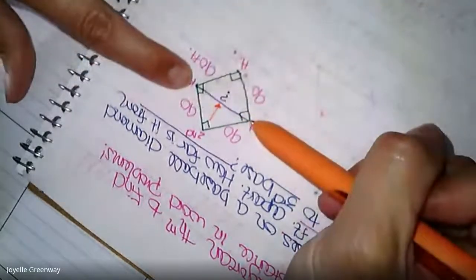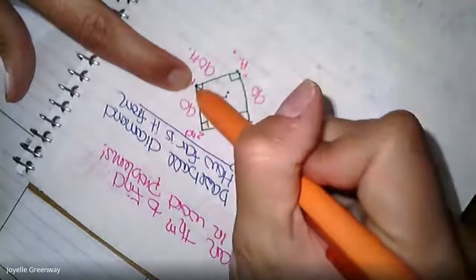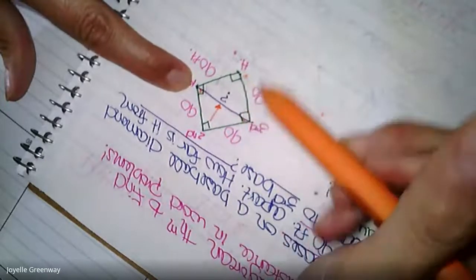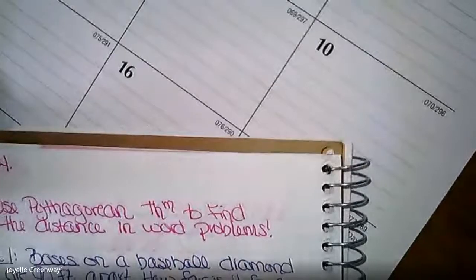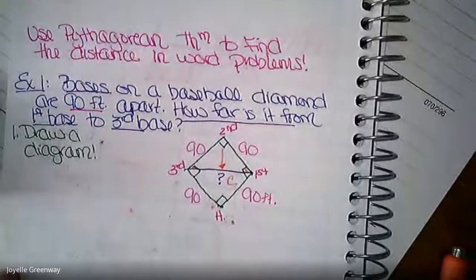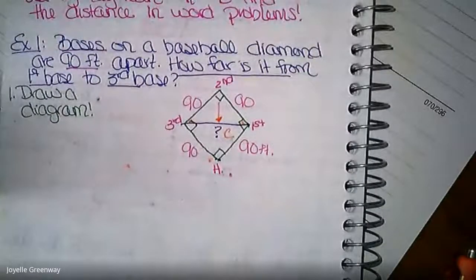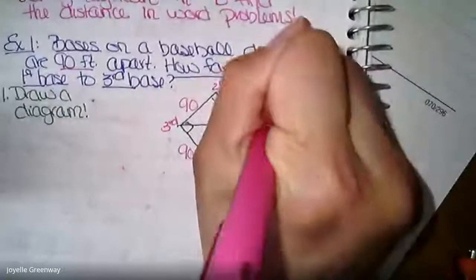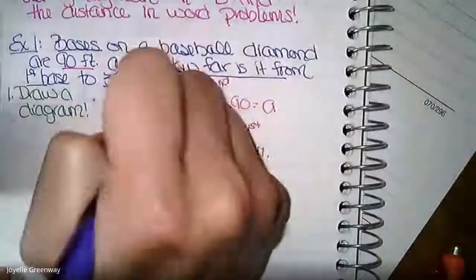These right here are no longer 90-degree angles. They're 45, okay? So what we're looking for is C. I'm looking for my hypotenuse. So I have an A and I have a B.